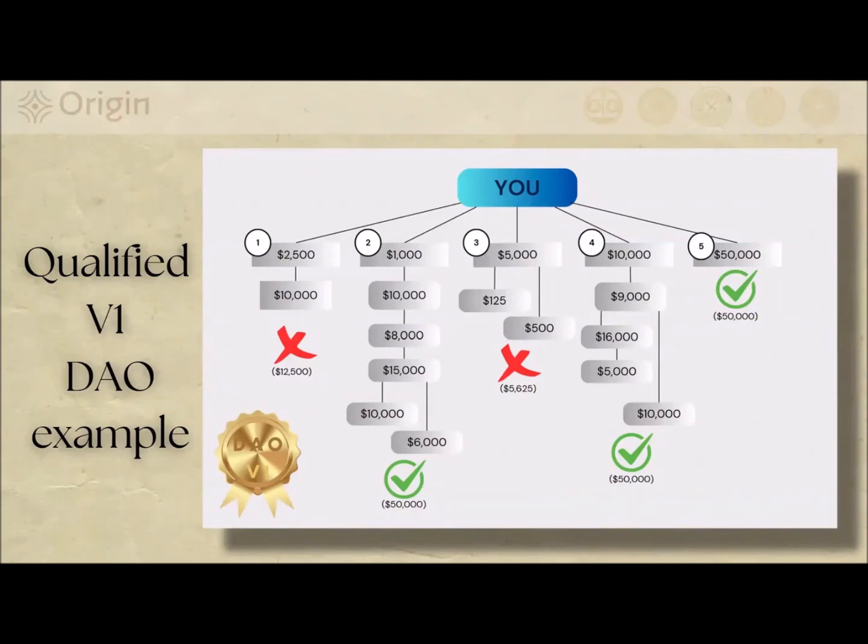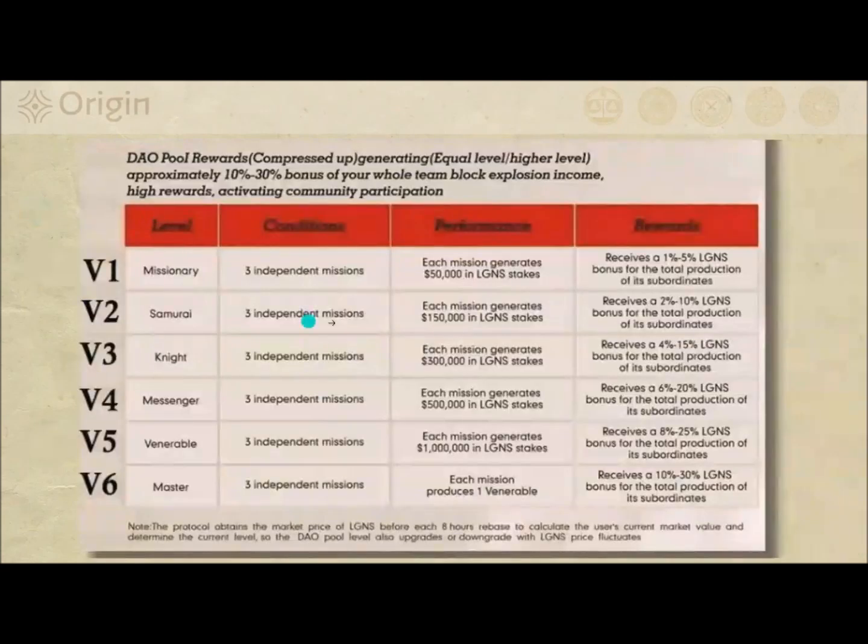There is no stopping, and you are paid on all this volume. Now, you see the red X's there. You're still going to be paid on them. But what happens is, going back to the previous slide, that this 1 to 5% is based on what growth is happening in these legs.